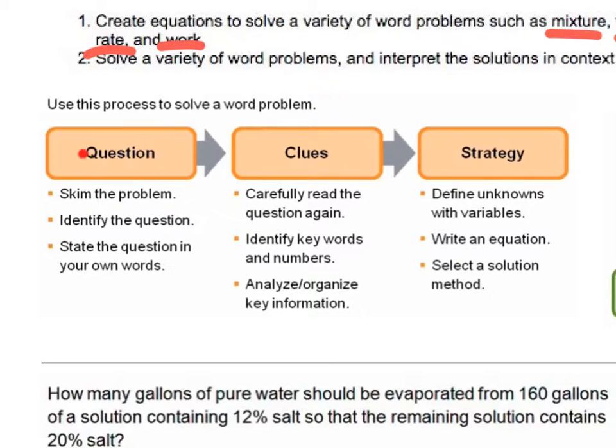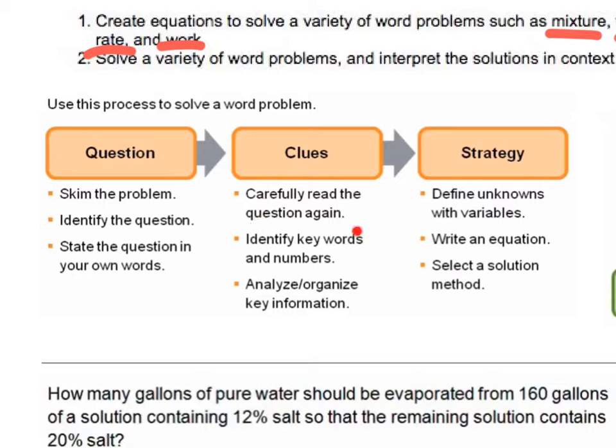But when you have that question, skim the problem, find the question, okay? Figure out what you're trying to find, and then restate the question in your own words. Sometimes how they write it is just a bunch of math jargon. But reword it, see if it makes sense, okay? Read the question again.